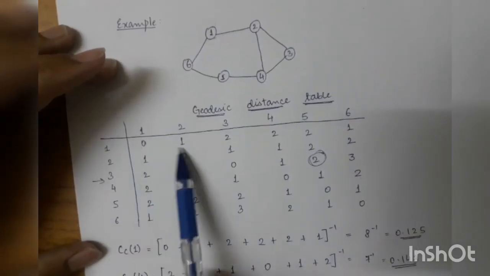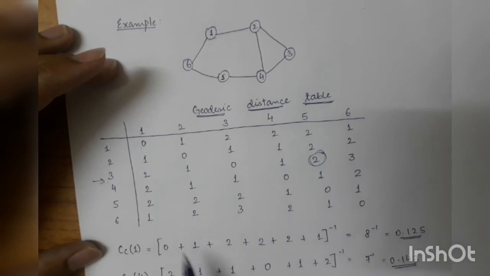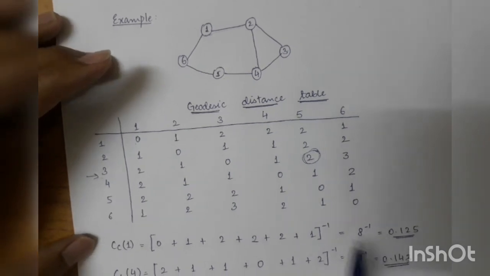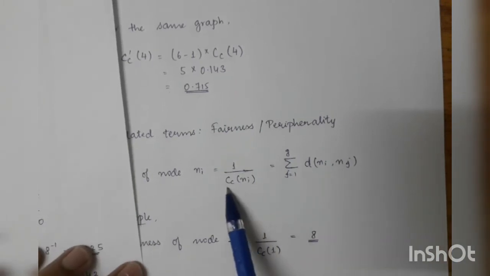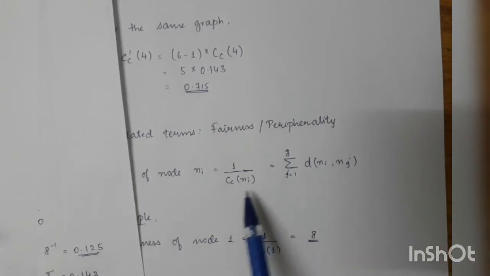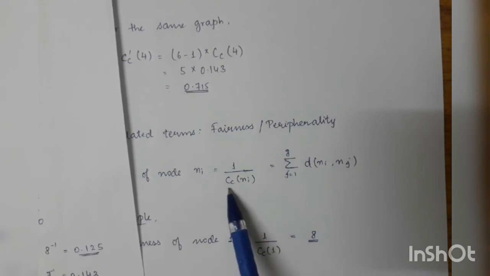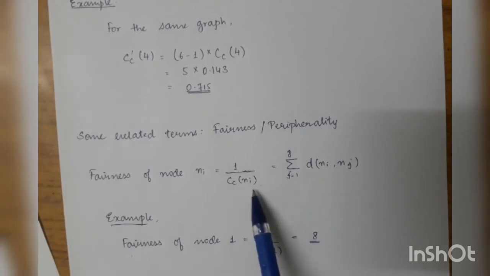So this is 0 plus 1 plus 2 plus 2 plus 2 plus 1, which is 8. Using this formula, if you have already calculated the closeness centrality, you don't have to find the shortest distances again. You can just take the inverse of it. We had found that the closeness centrality of node 1 was 0.125, so the inverse of it becomes 8.